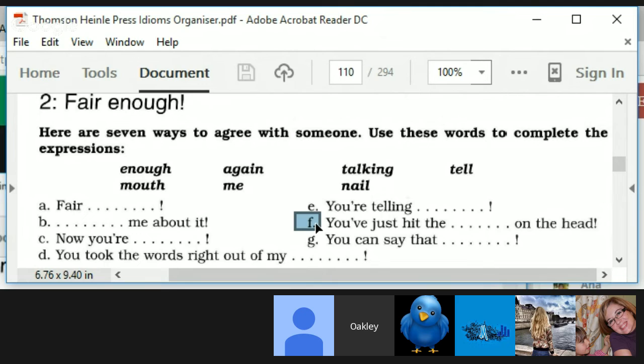Be careful though. "You nailed it" has a couple meanings. It can be a shortened version of "you hit the nail on the head." But "you nailed it" can also mean that you did something exceptionally well, an action.